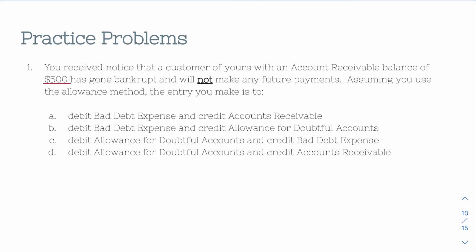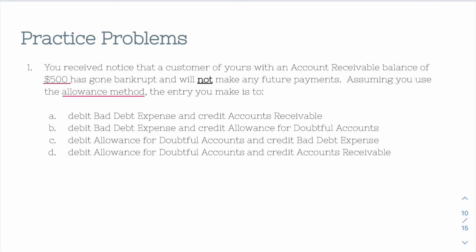Assuming you use the allowance method, your entry is, so it's really important here that you know which method you're using, because as we remember, our adjusting entry is going to be different depending on whether you're using the allowance method or the direct write-off method. And your subsequent actual write-off will be different as well.